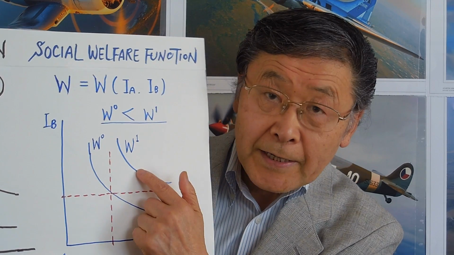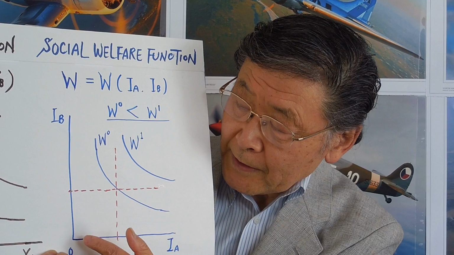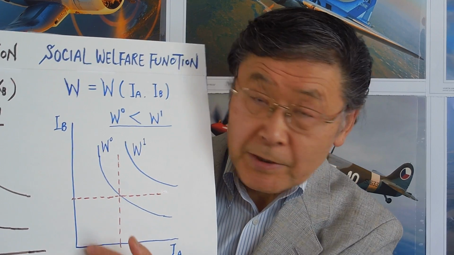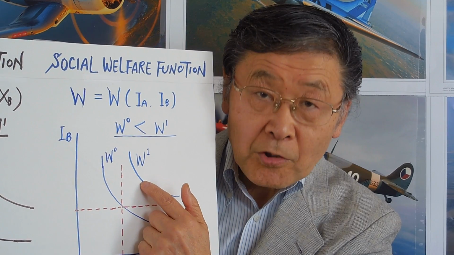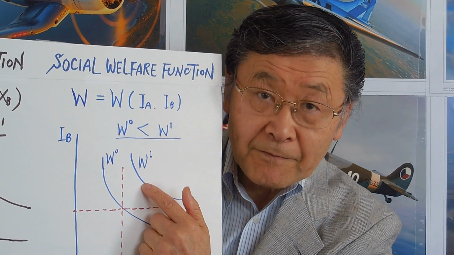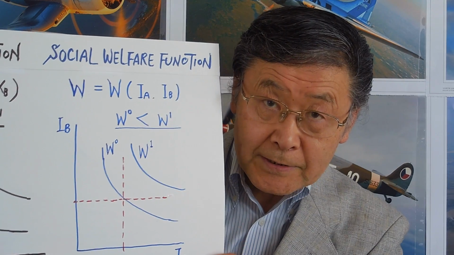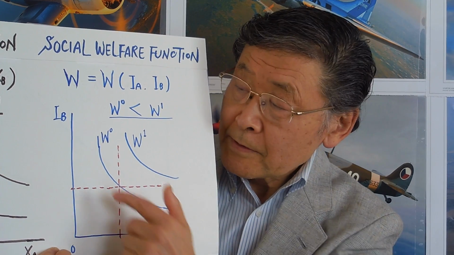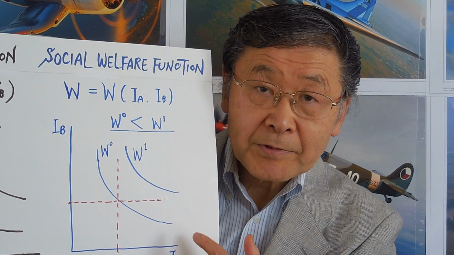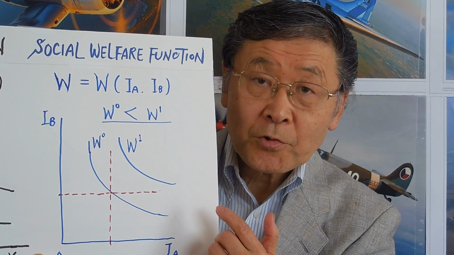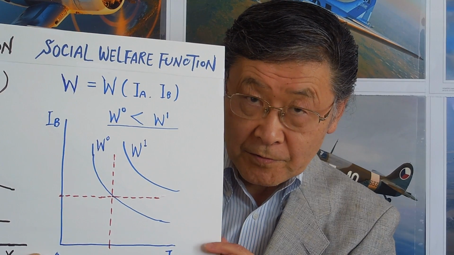And of course, higher is better, meaning that if both individuals' incomes increase, there will be a higher social welfare level for the society as a whole. So this is the direct application of the consumer's utility function and the indifference curves.